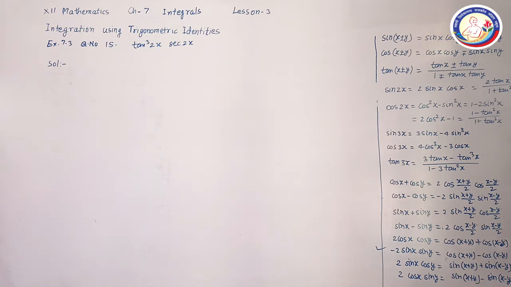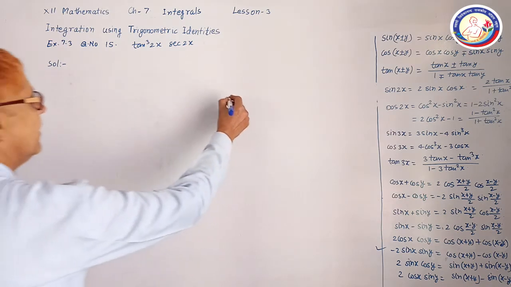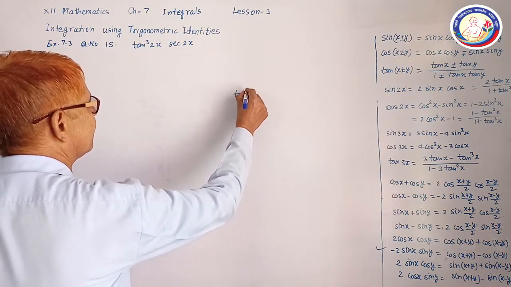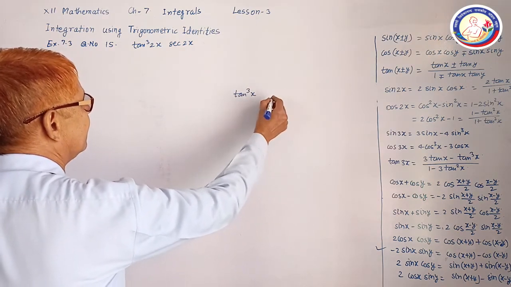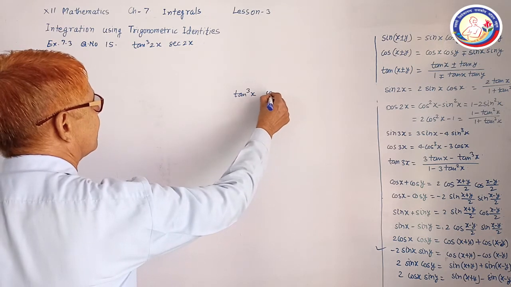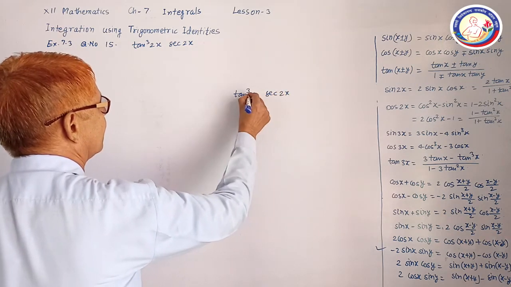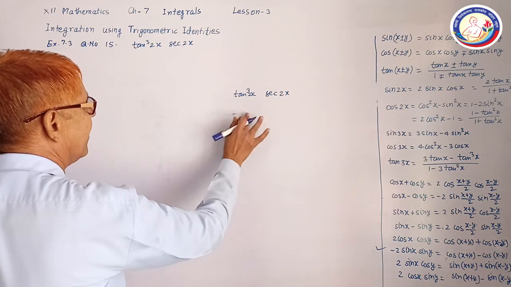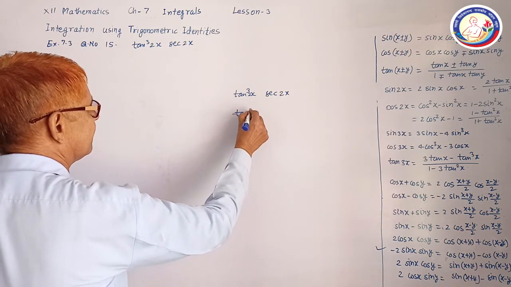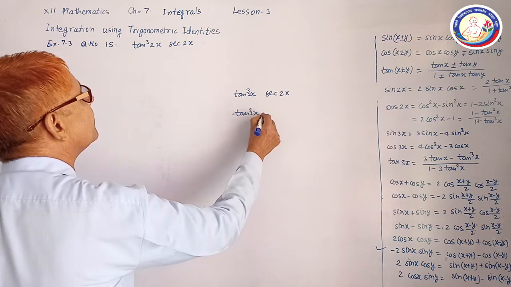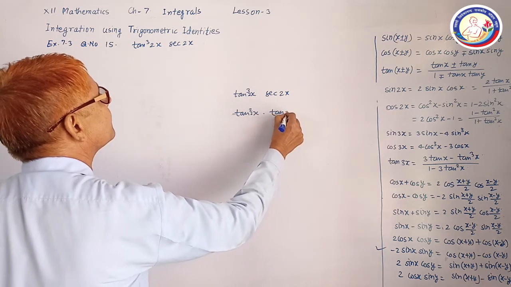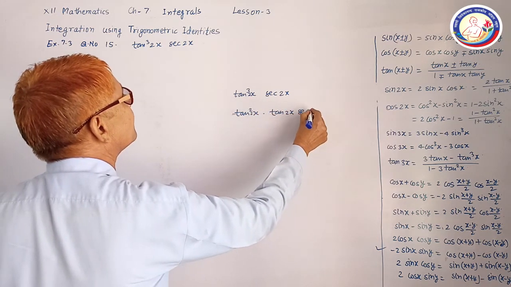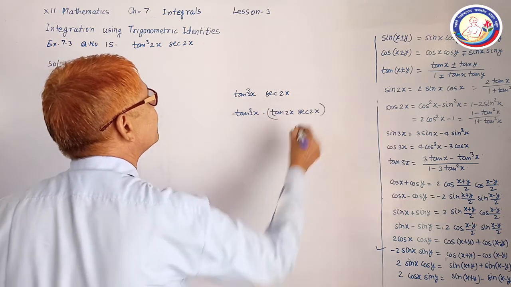First of all, we must decide the procedure how we will integrate this function. Tangent cube 2x can be written as tangent square 2x and tangent 2x. Now what is this?